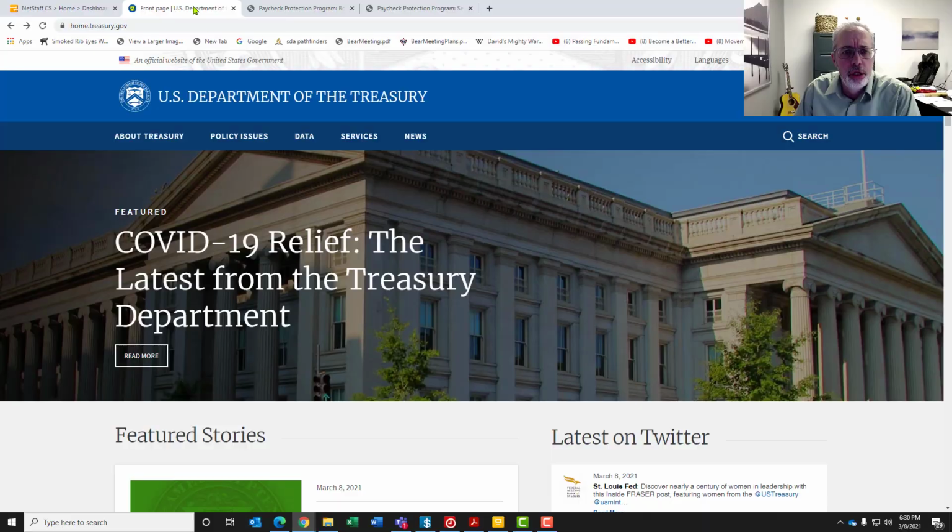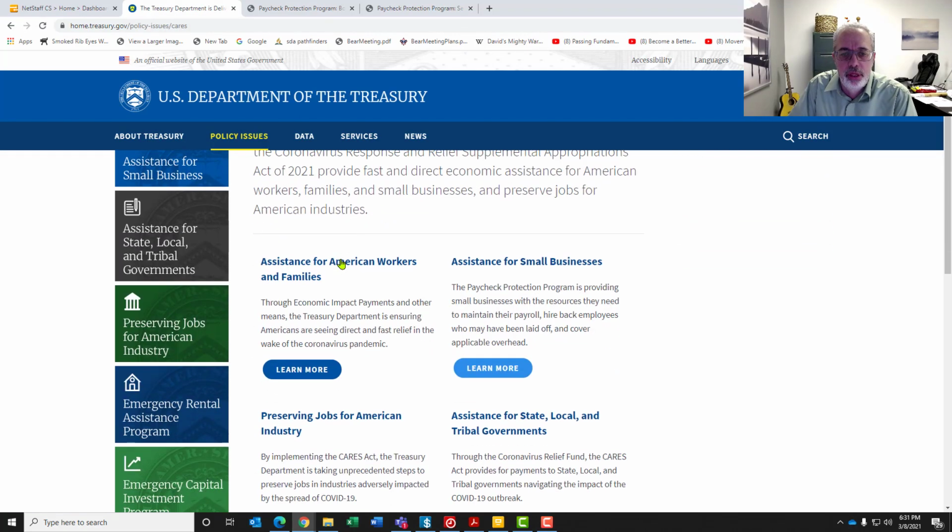Okay, so here we are. Here is the actual form, but I want to show you how to get to the form. Like I said, I'm going to take you all the way through this line by line. So what you need to do is go to home.treasury.gov. So that is the U.S. government's website, Department of Treasury, and this is where we're going to go. From there, right here in the top, it says COVID-19 relief. Click there.